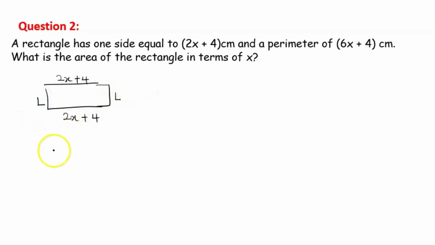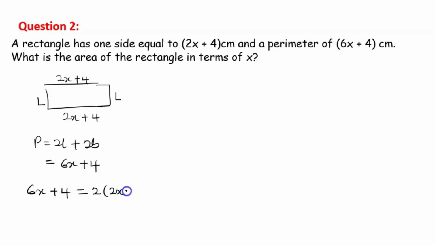So what we are given is that the perimeter, which is P, which happens to be 2L plus 2B, is equals to 6x plus 4. So what does that mean? I can easily say 6x plus 4 is equals to 2 into maybe the side I'm given, 2x, plus 2b, since I'm trying to get my b.